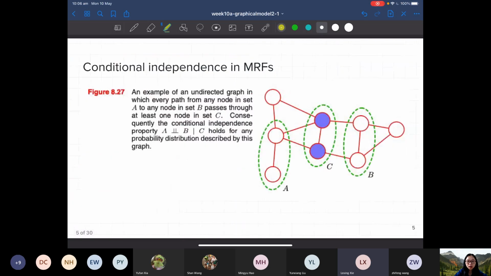In other words, with this kind of separation in undirected graphs, the conditional independence property, basically A and B are conditionally independent given C, holds for any probability distribution described by this graph.